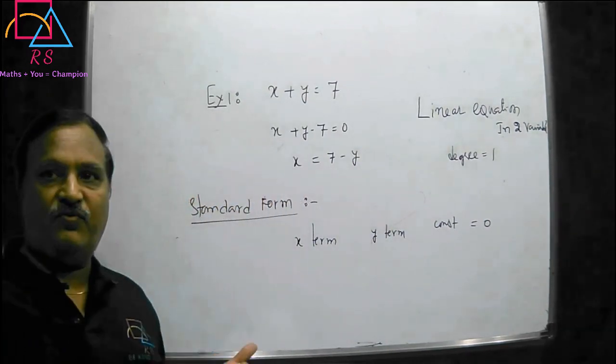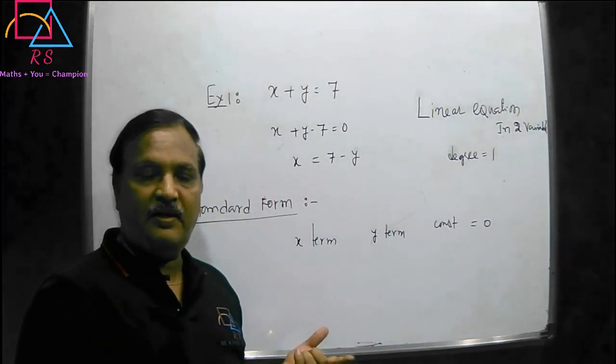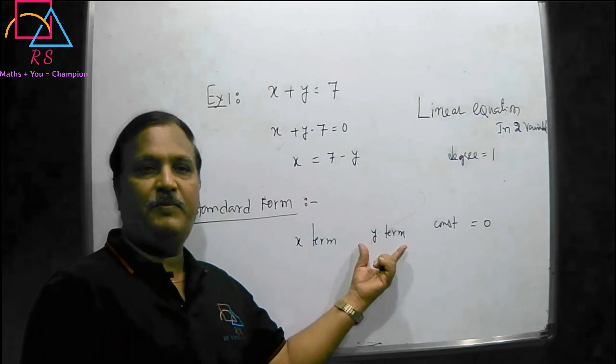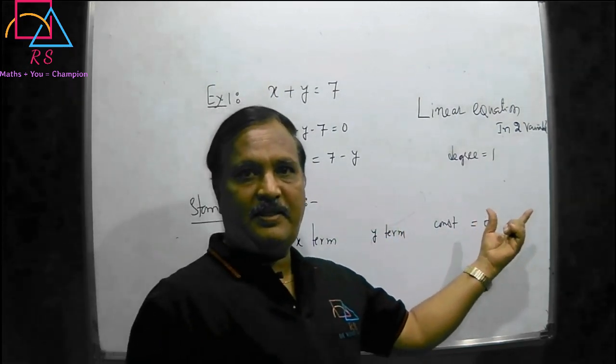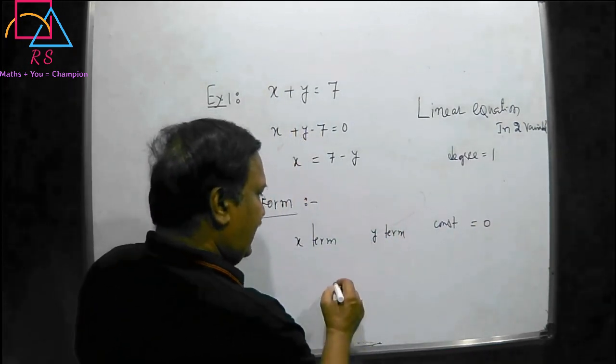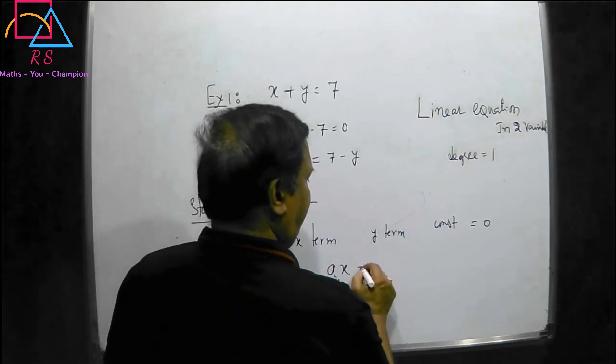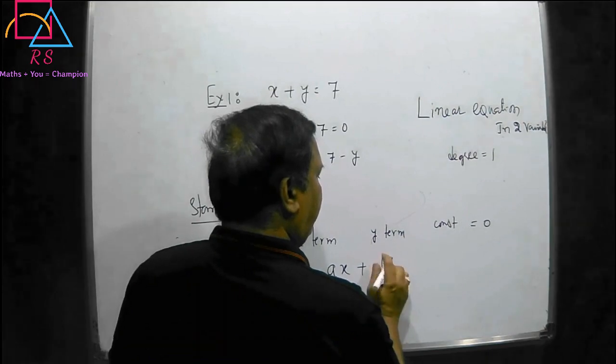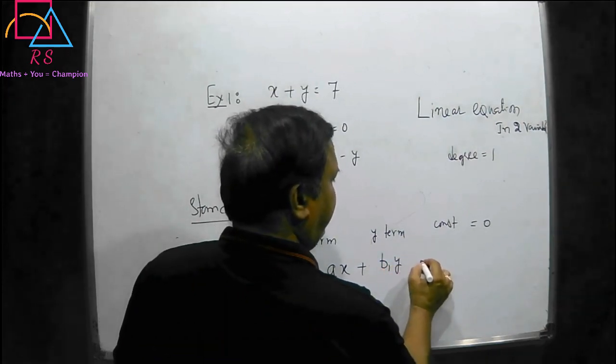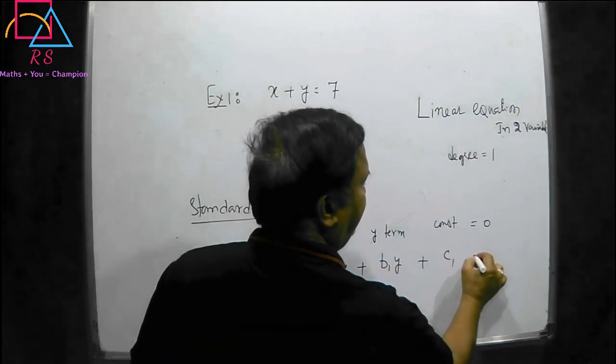This is the standard form. The x term, y term, and constant term, is equal to 0. For example, a1x plus b1y plus c1 is equal to 0.